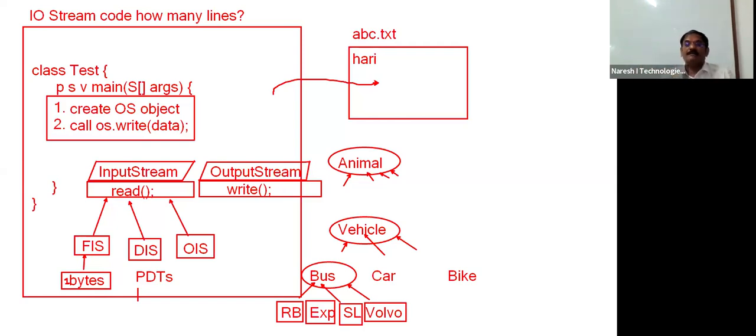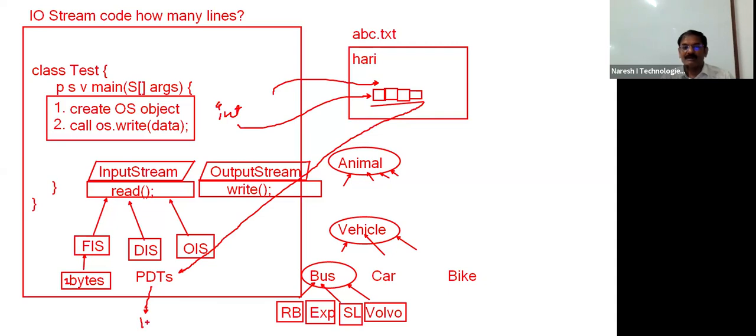Tell me, in my Java program, I have one integer value. I want to store this integer value. How many bytes will it occupy? 4 bytes. 1, 2, 3, 4. Then tell me, when I want to read data, all these 4 bytes I have to read at a time, right? And return that 4 byte number as one number, 10.